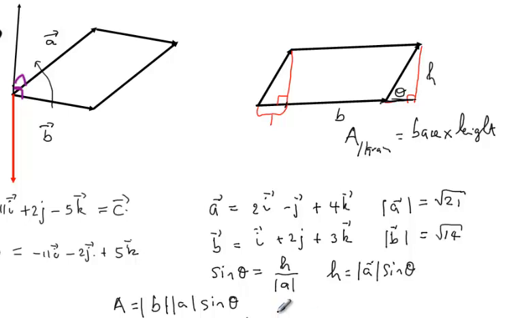Now, I'm going to leave this one as homework for you. Go and calculate that angle, evaluate this, and check that this is equal to the modulus of B cross A, equal to the modulus of A cross B.